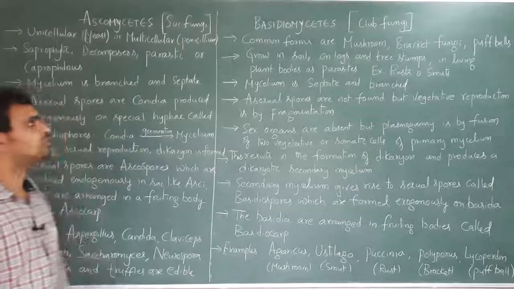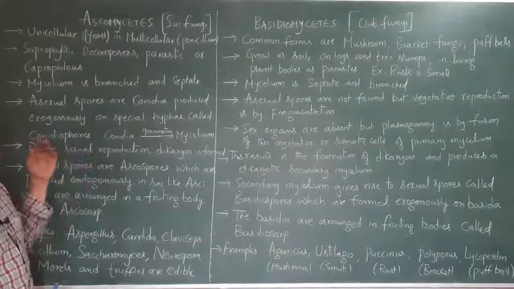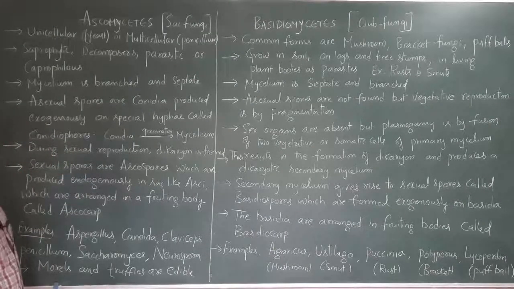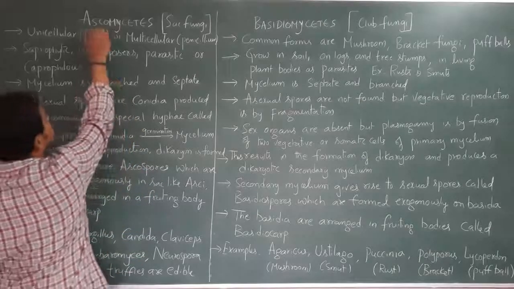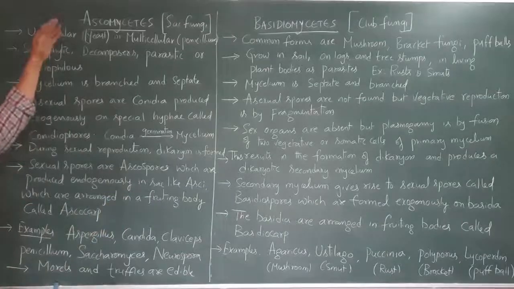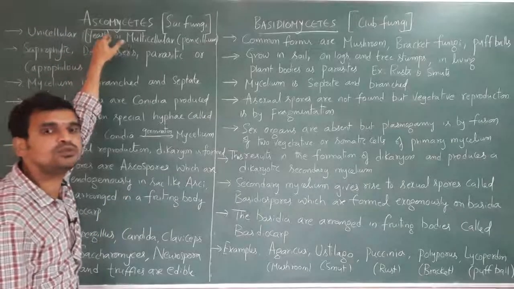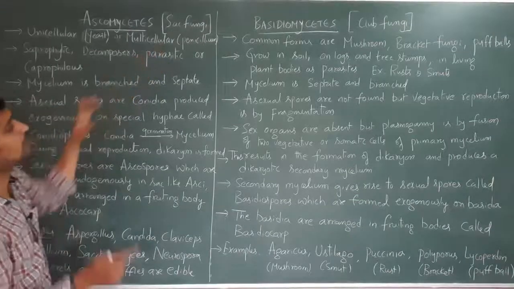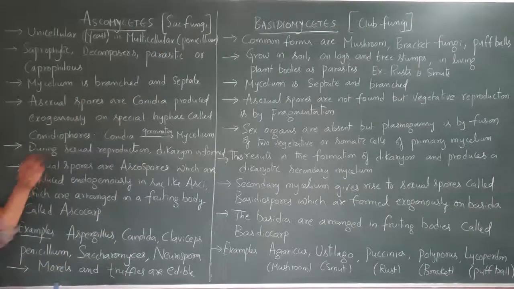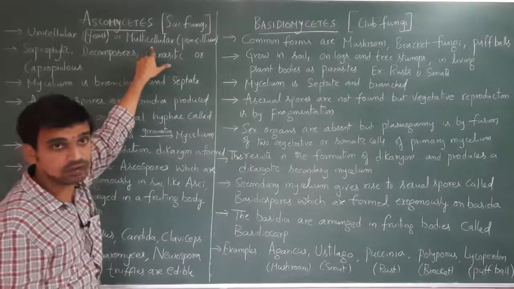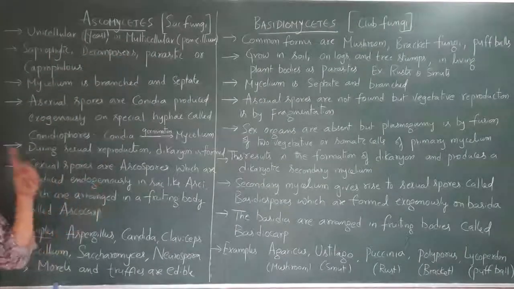After phycomycetes, we are going to discuss the other three groups, that is ascomycetes, basidiomycetes and deuteromycetes. First we will discuss ascomycetes and basidiomycetes. The members of the ascomycetes are usually called sac fungi, SAC, because they can form a sac-like structure, hence they are called sac fungi. They are unicellular or multicellular. Unicellular means they have only a single cell.